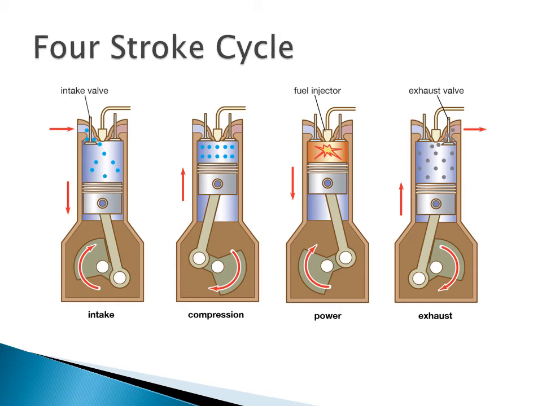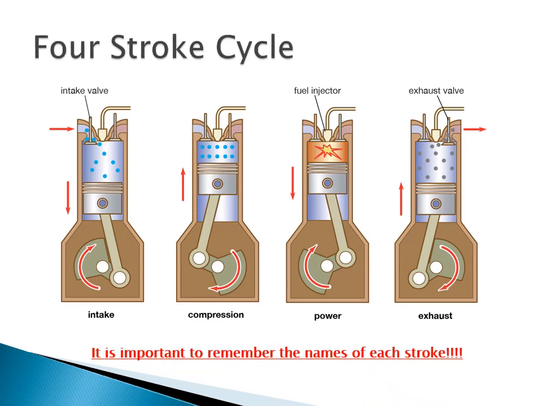The answer is right there in the question too, because the intake stroke, what valve do you think would be open? Why, the intake. Same with the exhaust. The exhaust stroke, the exhaust valve is going to be open. So I do want you to remember the names of each stroke. You need to know them in order, and these are what they are: intake, compression, power, and exhaust.